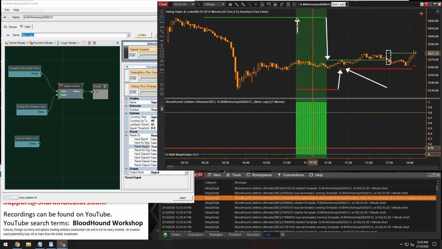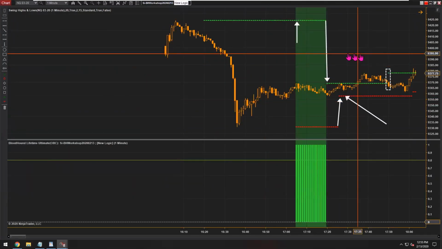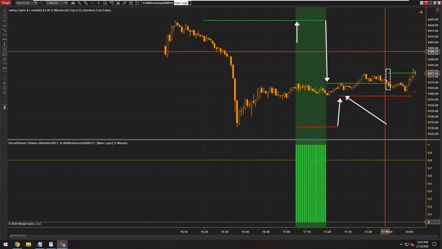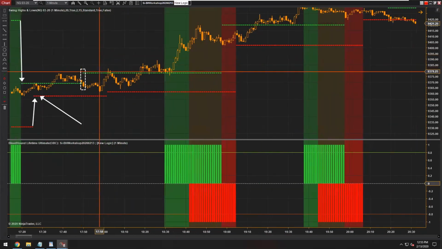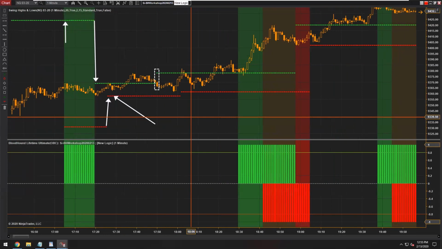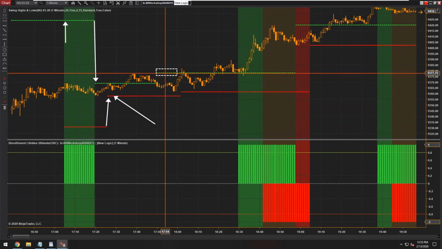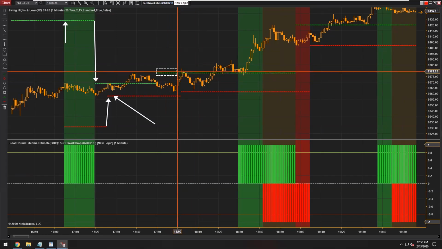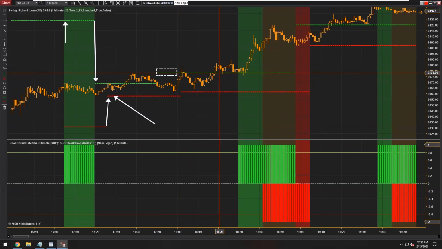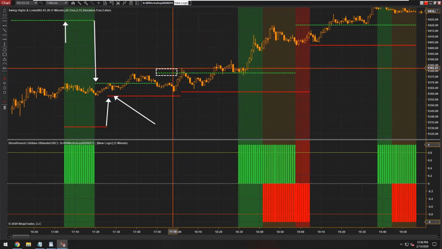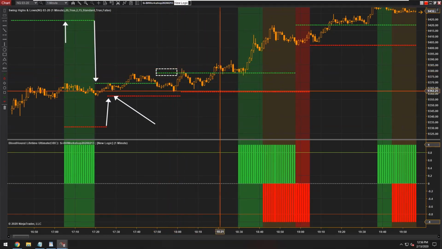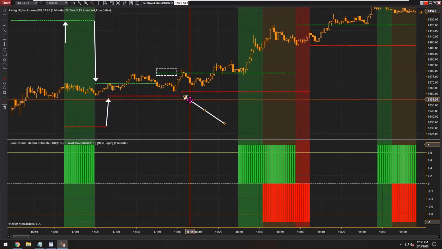Let's take a look through the chart here and see if we get some other situations. Okay, there we go. My little rectangle here is counting out 10 bars, so we can see that this looks 4 times longer than my little square here.